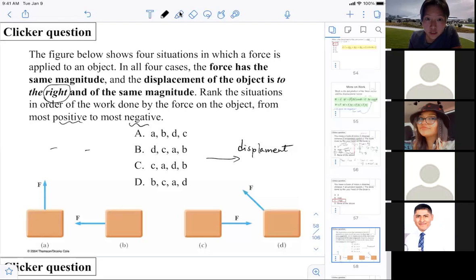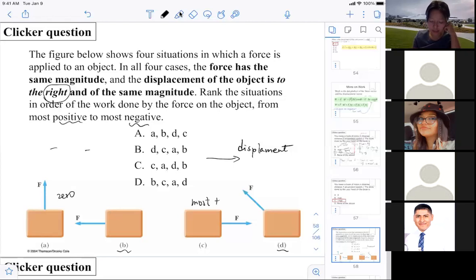The 0 work would be if the force is perpendicular to the displacement. A would be 0, yes. So this is 0 work. This is most positive. And B and D, you can see it's all in the opposite direction. It's to the left, right? B is completely to the left and D is to the left and at the same time upward.